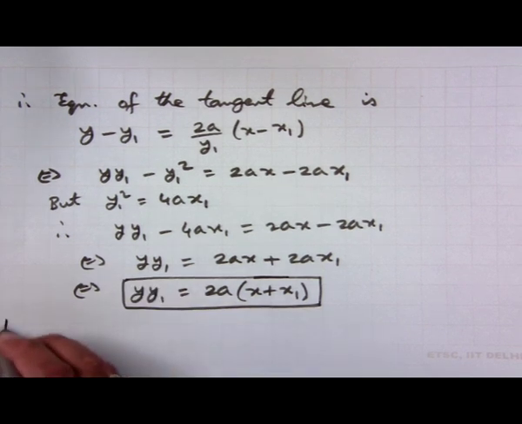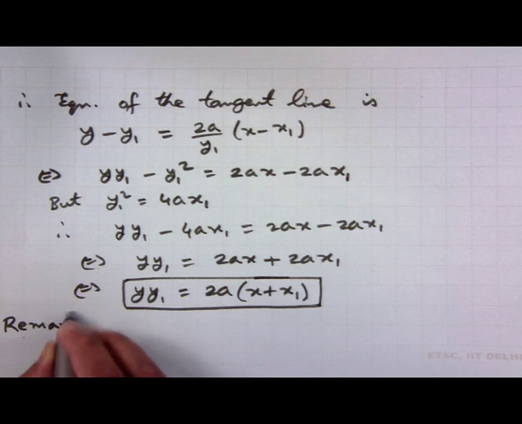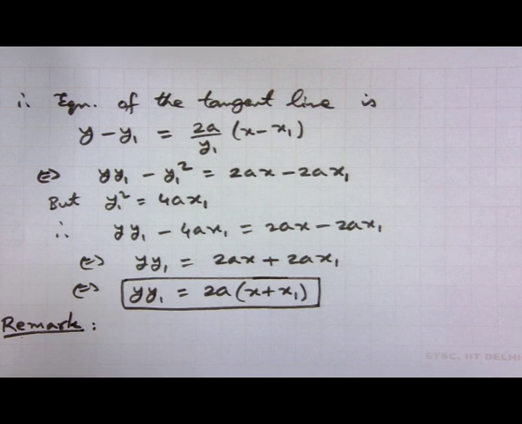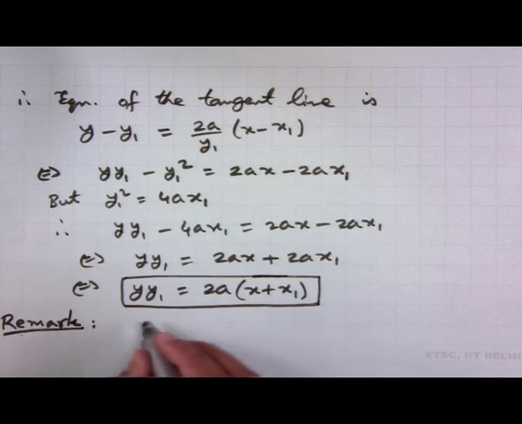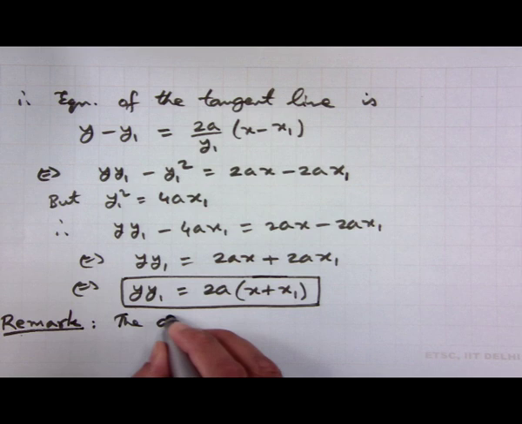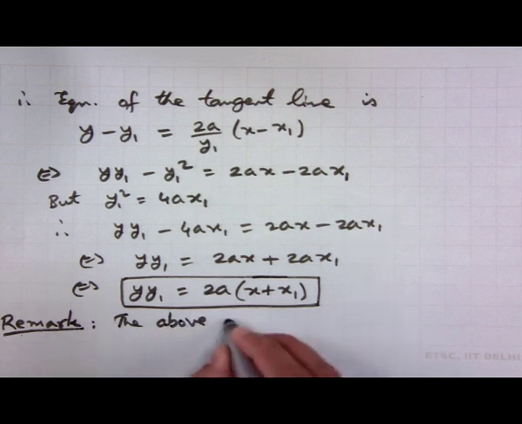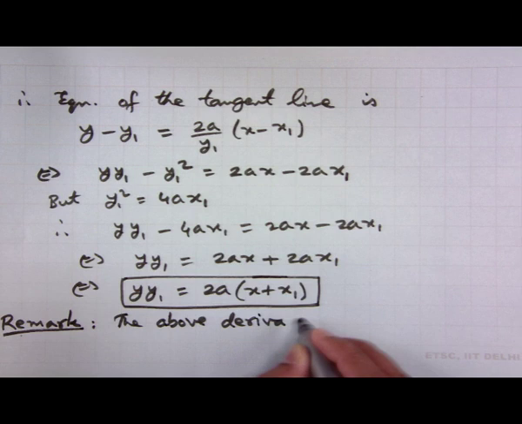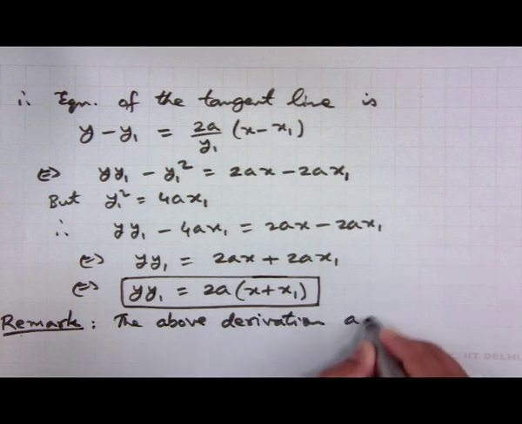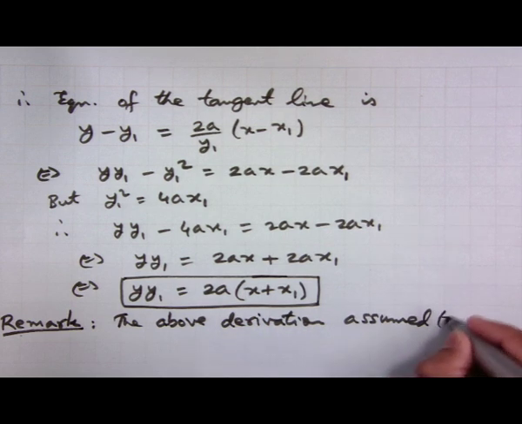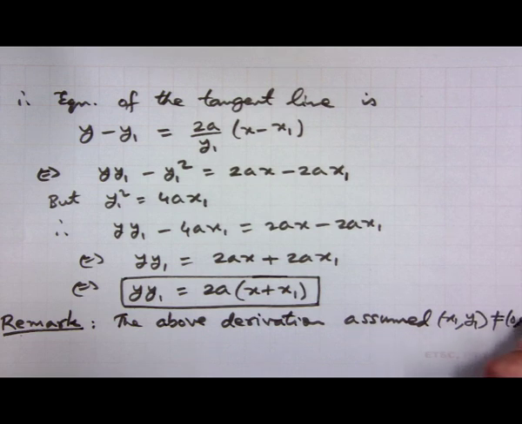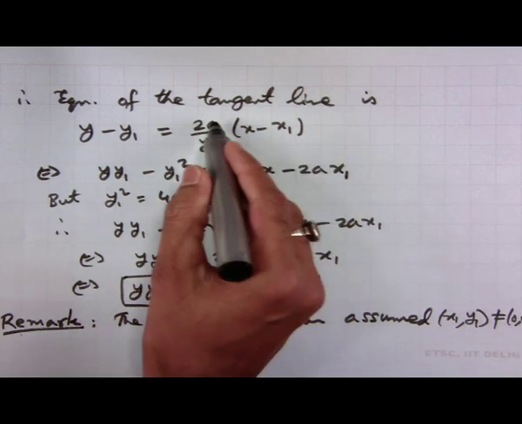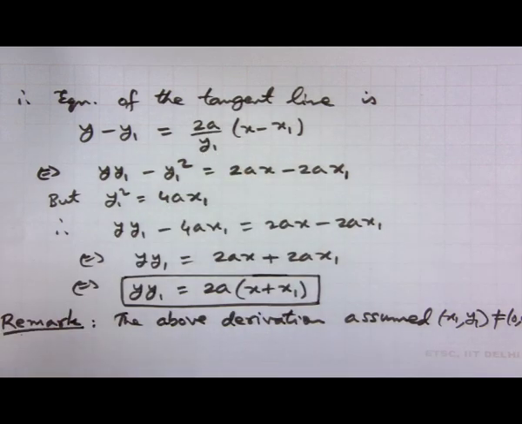So, remark: if you note this derivation, the above derivation assumes that this point x 1 y 1 is different from the origin 0 0, because we are writing 2 a by y 1 or 2 a by x 1.